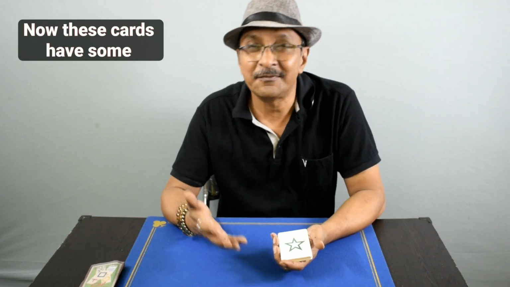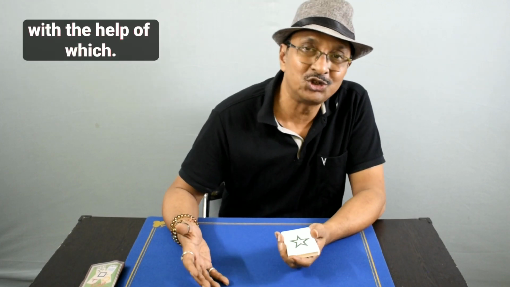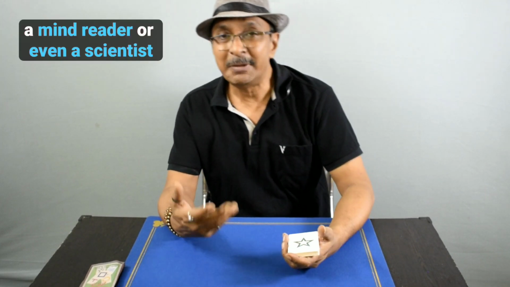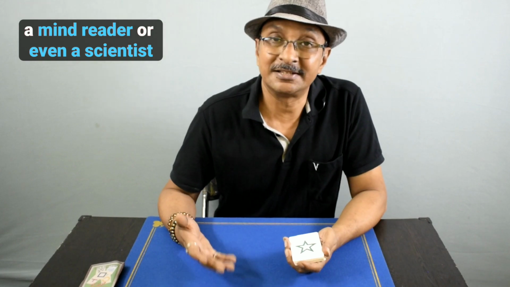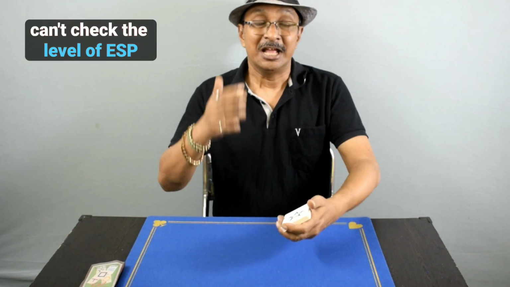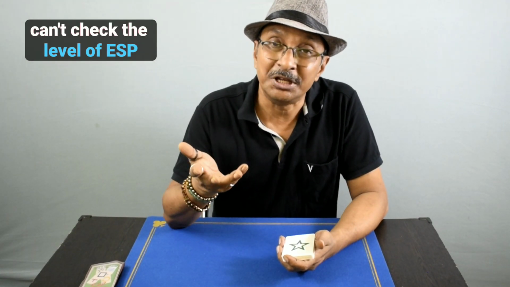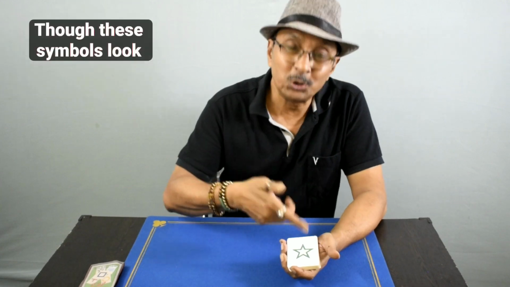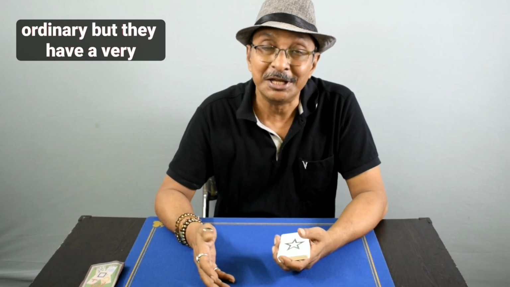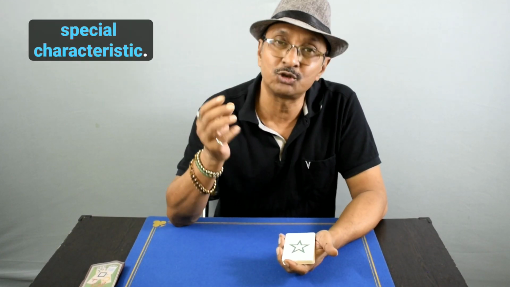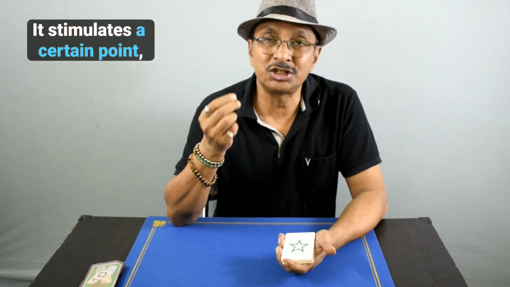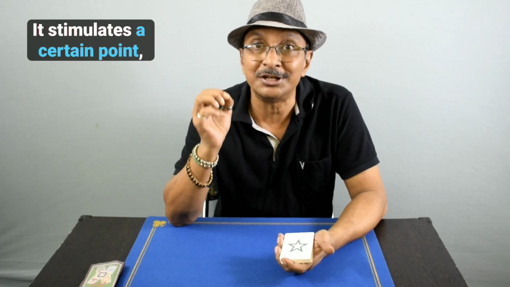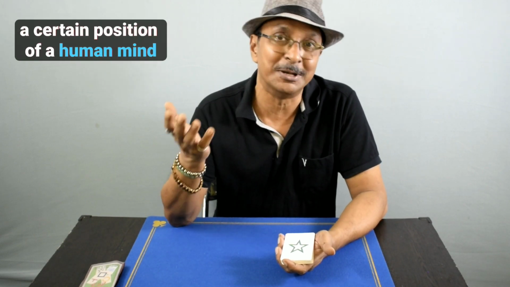Now, these cards have some symbols with the help of which a mentalist, a mind reader, or even a scientist can check the level of ESP of any person. Though these symbols look very ordinary, they have a very special characteristic. It stimulates a certain point, a certain position of a human mind.